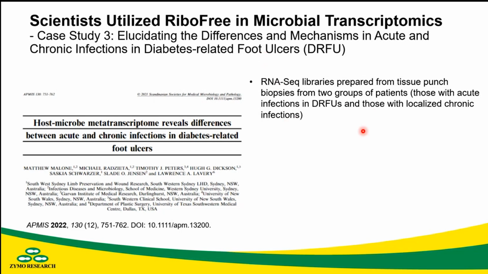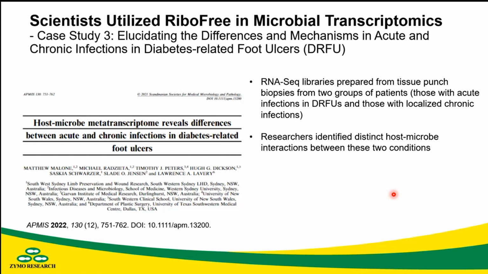RNA-Seq libraries were prepared from tissue punch biopsies from 2 groups of patients: those that have acute infections of DRFU, so diabetes-related foot ulcers, and those that have localized chronic infections. Through analyses, this group of authors were able to identify distinct host microbe interactions between these 2 conditions.